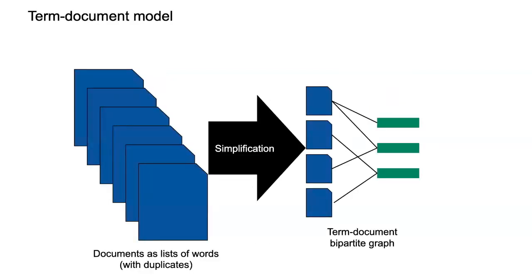There are several ways to look at this abstraction. One way is that when we simplify the whole document and turn it into documents that are sets of words, what we get could be seen as a bipartite graph. A bipartite graph is just a graph in which the nodes are in 2 categories, in that case the documents and the terms, and you can have edges between the first and the second category.